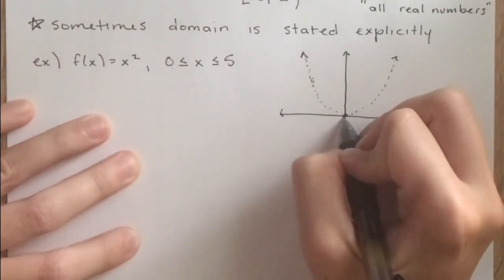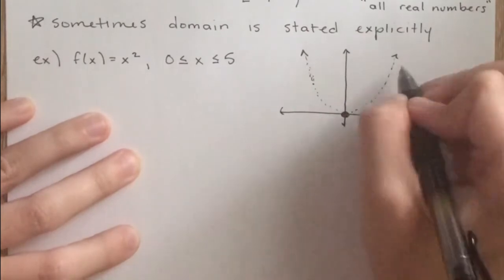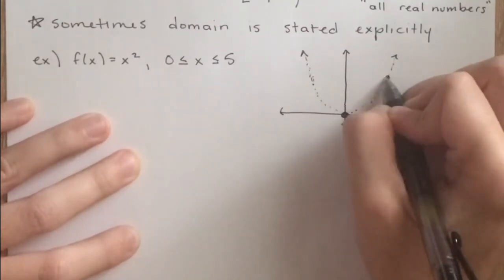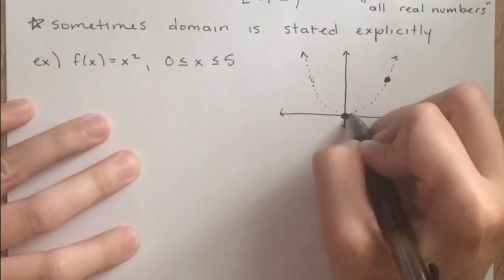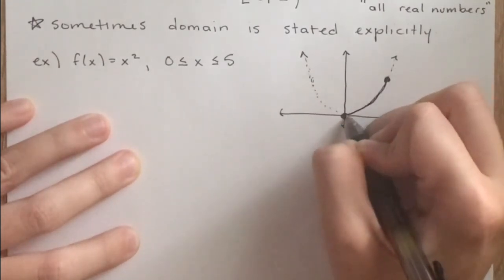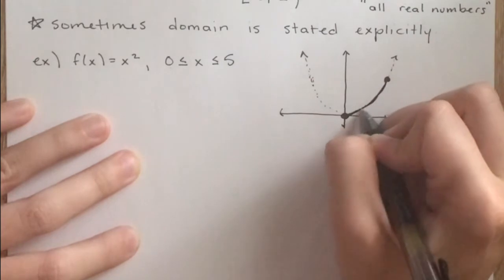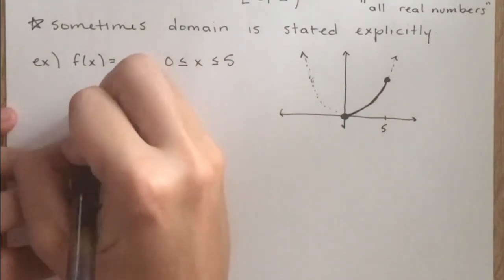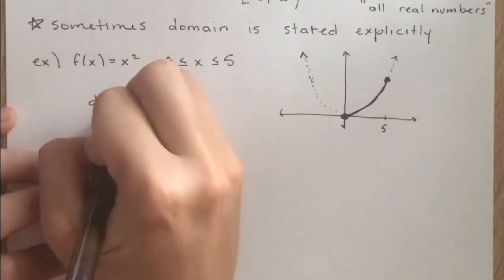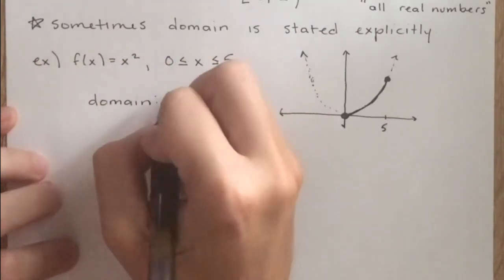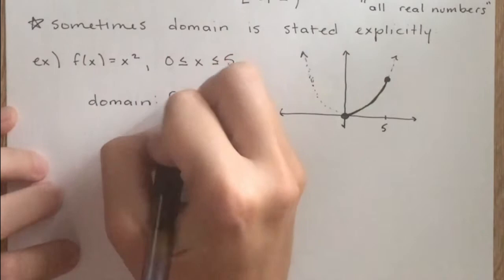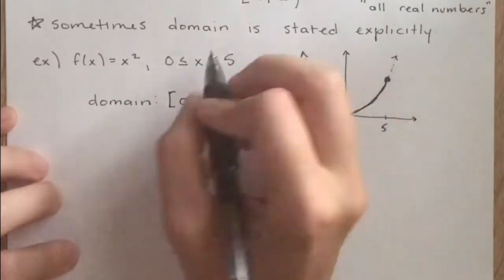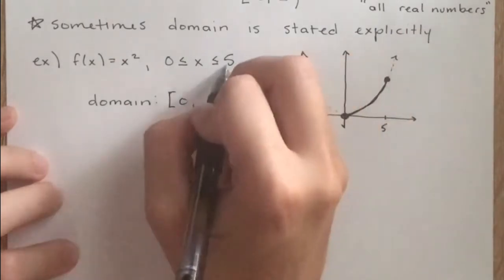So actually, what this function looks like is, let's say this is 5, this. So it looks like really just a chunk of the rest of that function. So for this guy, the domain is 0, because 0 is included, less than or equal to 5.